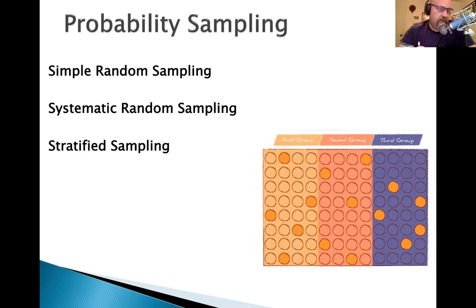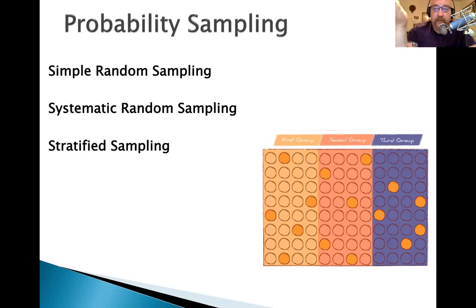What's important about this one is you have more control. Of the probability sampling methods, this one gives you the most control, because you can look at quick facts, the demographics of the BC student population.